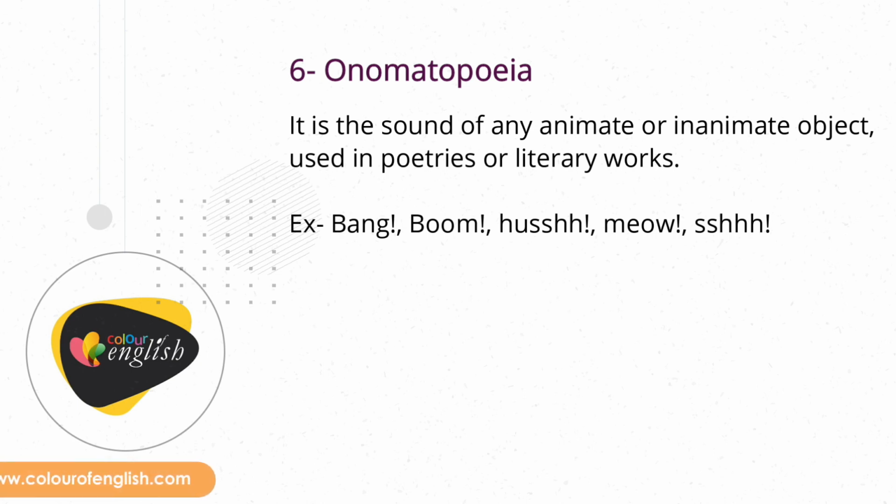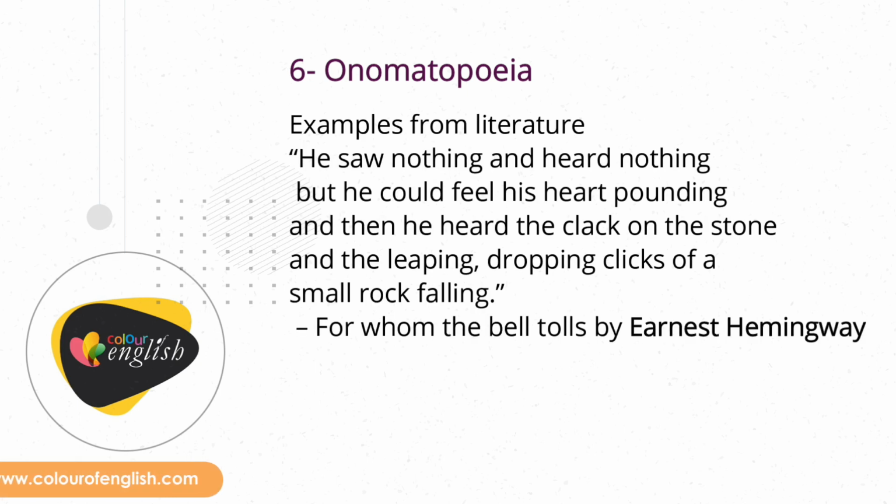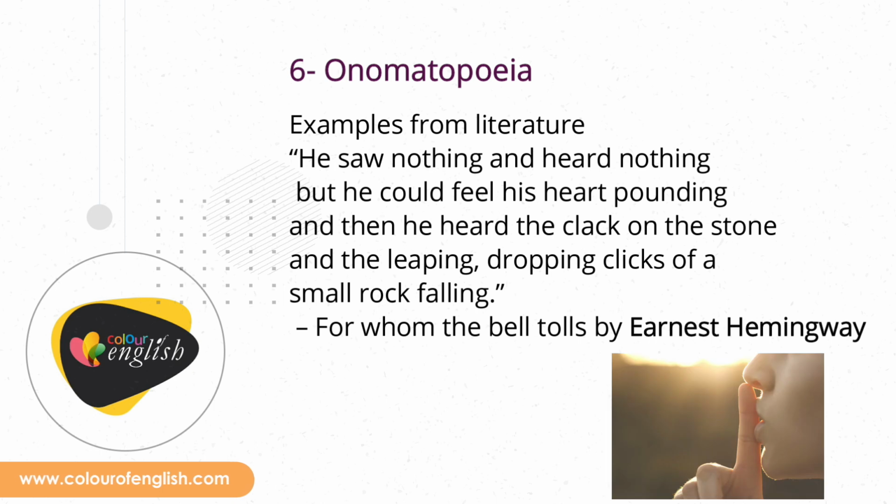Now here are some examples from literature for onomatopoeia. He saw nothing and heard nothing, but he could feel his heart pounding, and then he heard the clack on the stone and the leaping, dropping clicks of small rock falling. These lines are taken from For Whom the Bell Tolls by Ernest Hemingway.